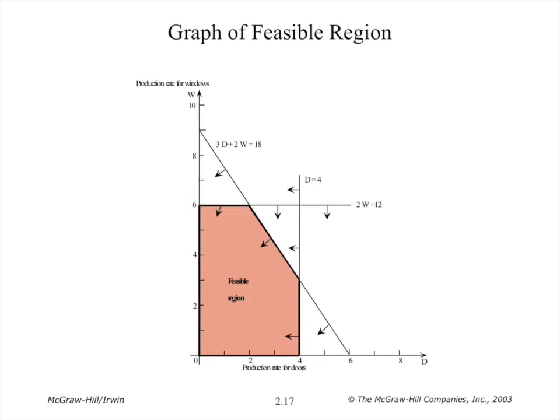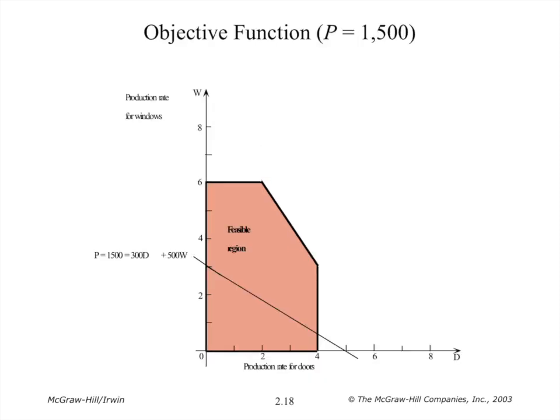You can mark the points here as I illustrated before: that is A, that is B, that's C, and that's D. That is the feasible region, and this is the profit equation.